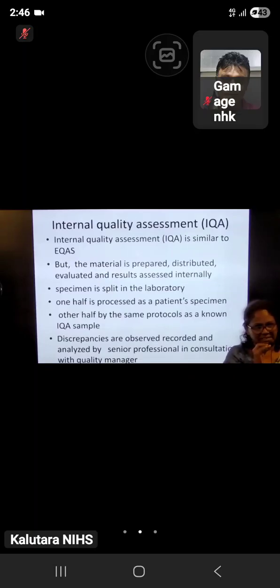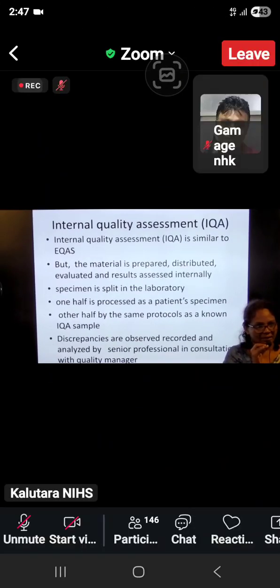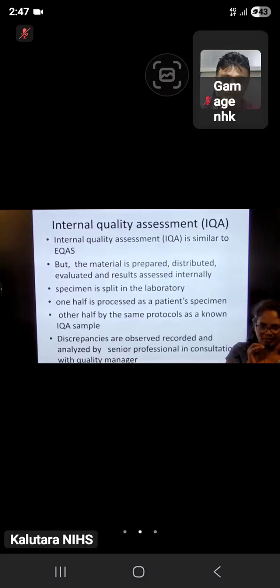This is about internal quality assessment. Is that clear? External quality assessment and internal quality assessment. The sample is split into two. One half is processed as the patient sample; you have to give a report for the patient sample.